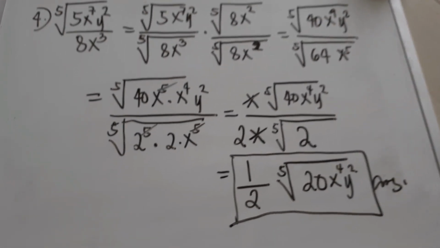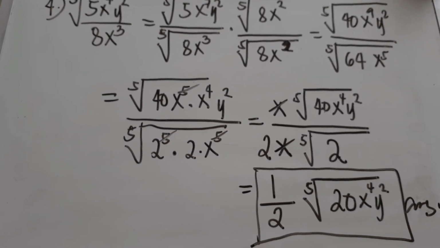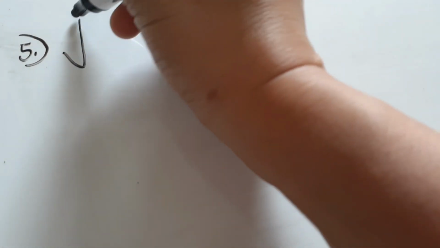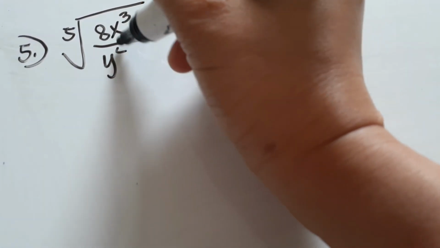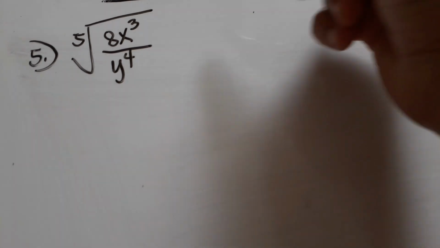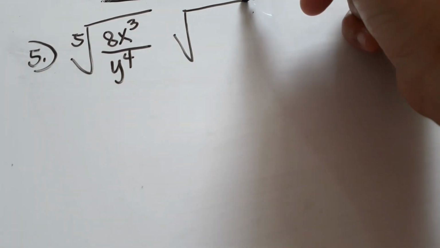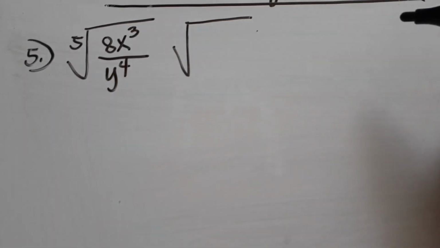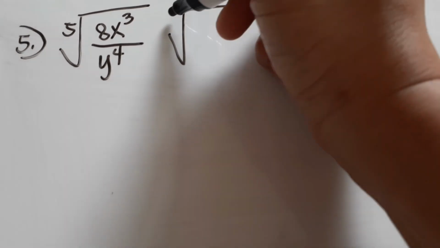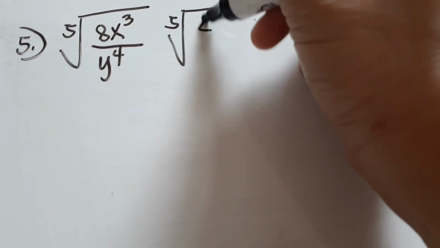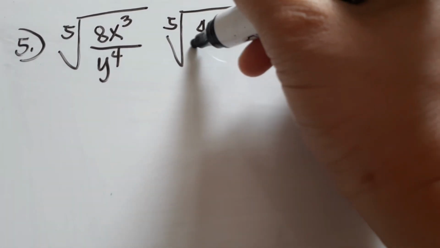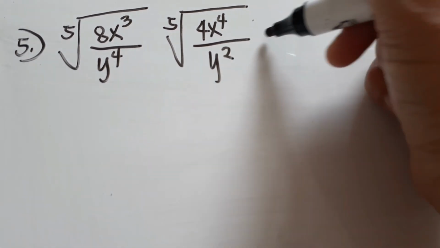And let's have exercise number 5, which is the fifth root of 8x cubed over y to the 4th times the fifth root of 4x to the 4th over y squared. So how can we do this?